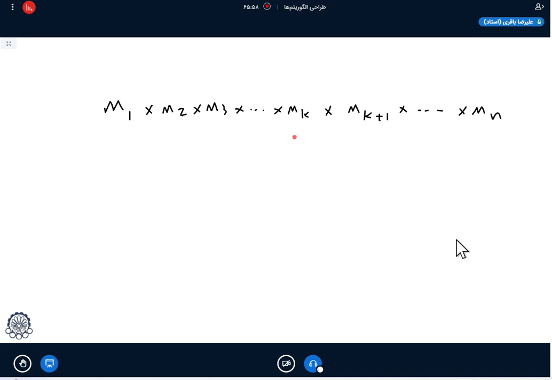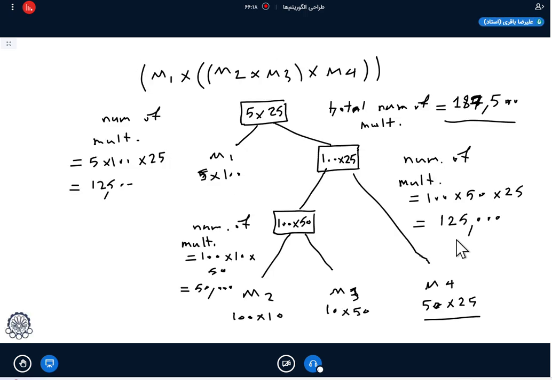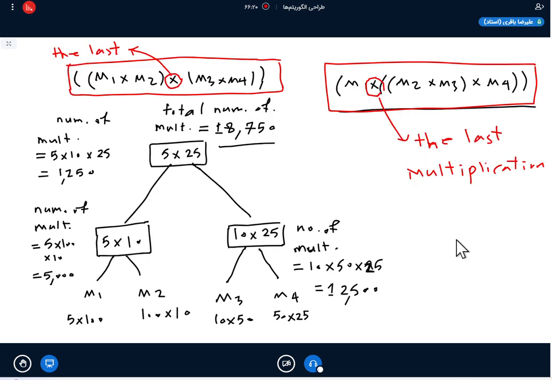We have to use parentheses. We do not have any other option. But the question here is, which order of multiplication is better? As you see in the previous slides, in slide 8 and slide 7.